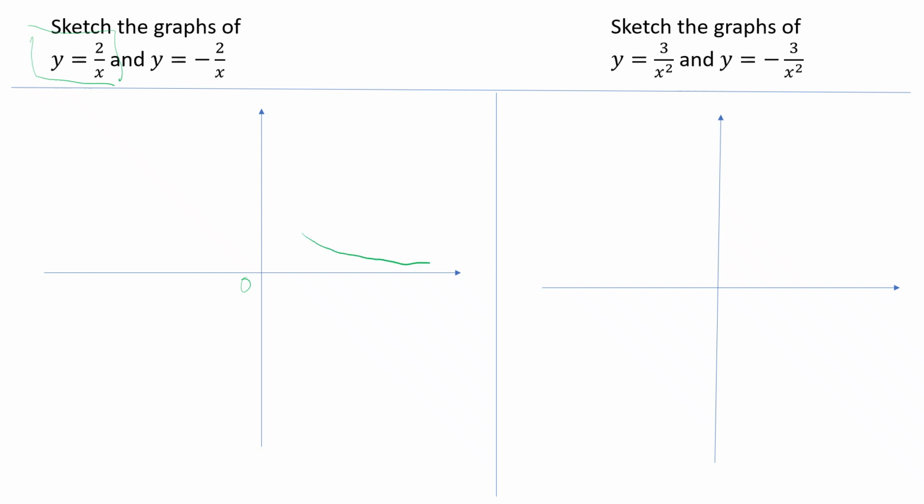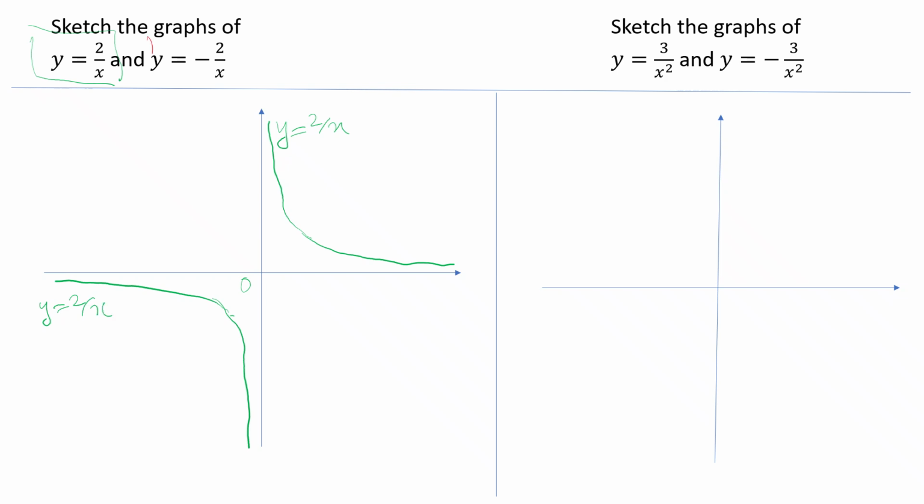So the graph is like this way. When x is negative, y is also negative. The graph is going to be like this. So let's label this one y equals 2 over x.